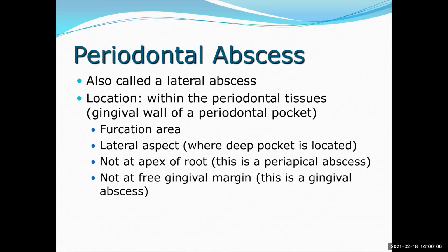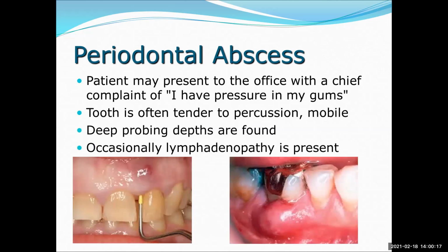And it's not at the free gingival margin, which would then be a gingival abscess. So a periodontal abscess or a lateral abscess is contained on the side of a tooth, the root surface, where there's bone loss. The patient may come to the office and say something like, I have pressure in my gums, right? It's not real painful, like a gingival abscess.